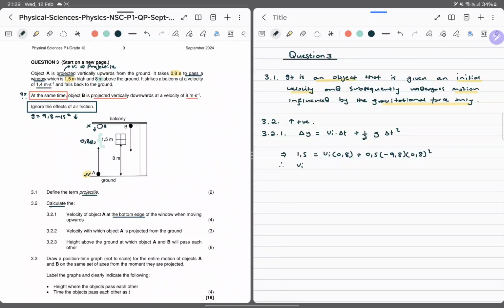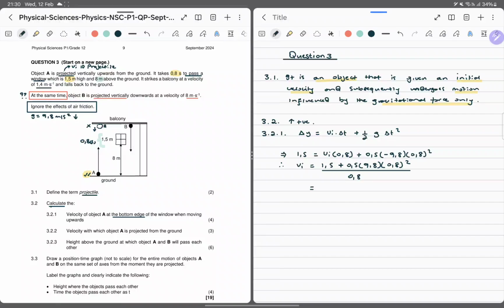Therefore, what do we want? The initial velocity is going to be 1,5. Now, when we transpose this, it becomes positive 0,5 into positive 9,8 into 0,8 squared. Now, all of that is going to be divided by 0,8. But of course, to simplify this first, you will appreciate that it comes out negative, then transpose the result thereof. But I'm comfortable, so I can do it all at once.